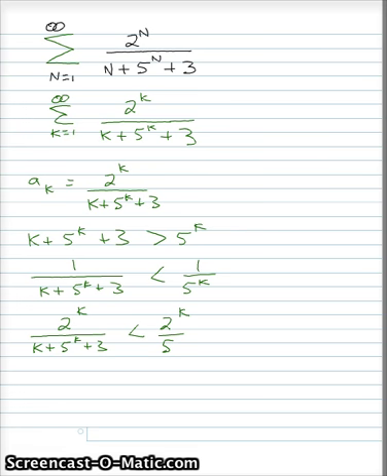Do we recognize 2 to the k over 5 to the k? As a series, the sum of 2 to the k over 5 to the k is what kind of series? That is a geometric series whose common ratio is 2/5. We know a geometric series with a ratio between -1 and 1 is going to converge. So we'll call that the geometric series test, common ratio less than 1.